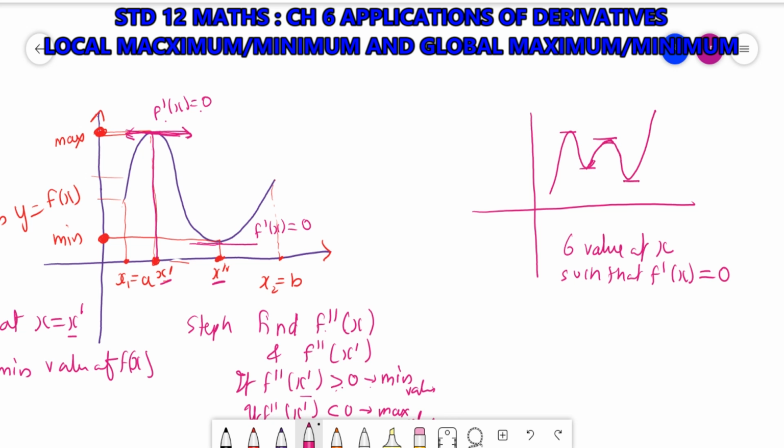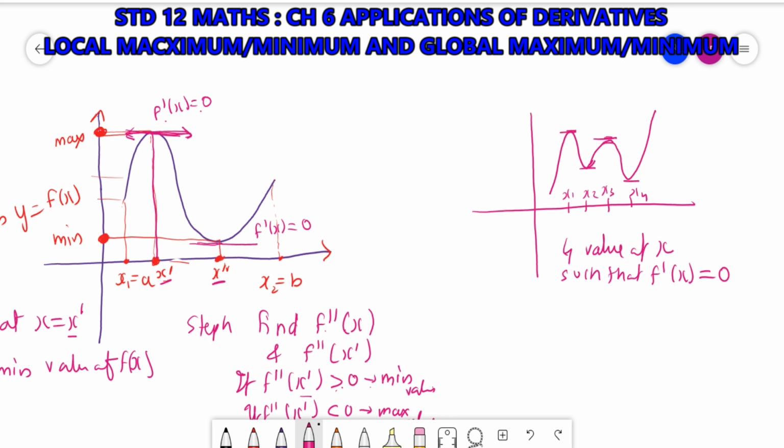Okay, 4 values. Let's say x1, x2, x3, x4. So if we put x1, maximum value, x3 again maximum value, right? So 2 times maximum.